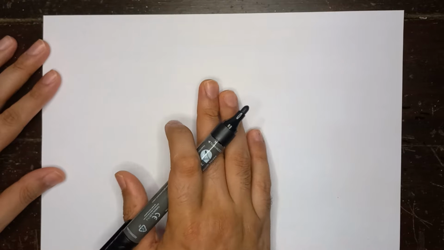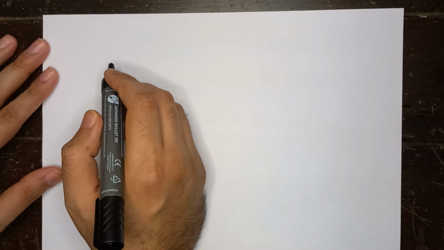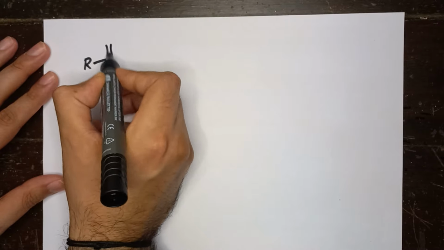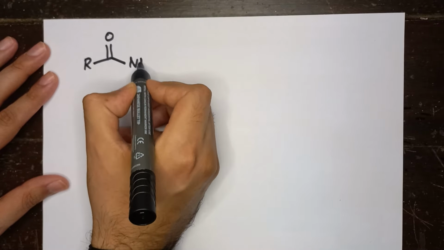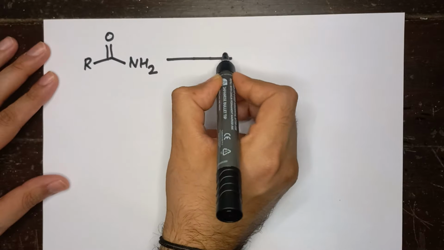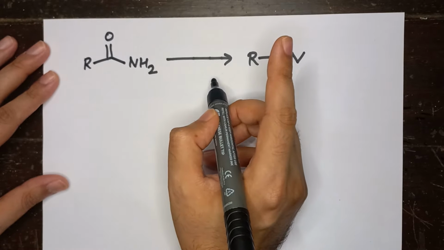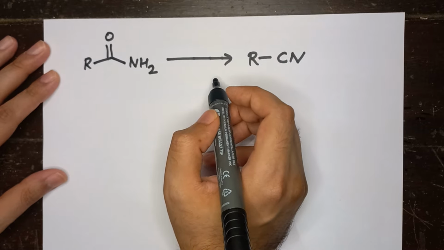Okay, here's another question. Let's discuss our amide conversion into nitrile. Remember the question was, we have this amide and I want to convert this into a nitrile in a single step. So you can use the Appel reaction.